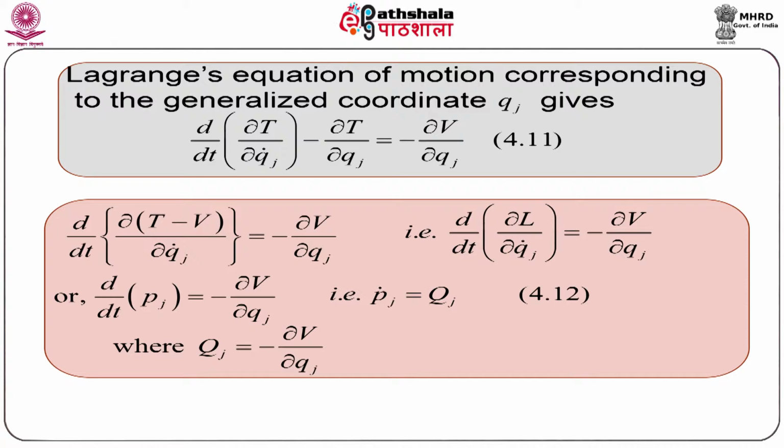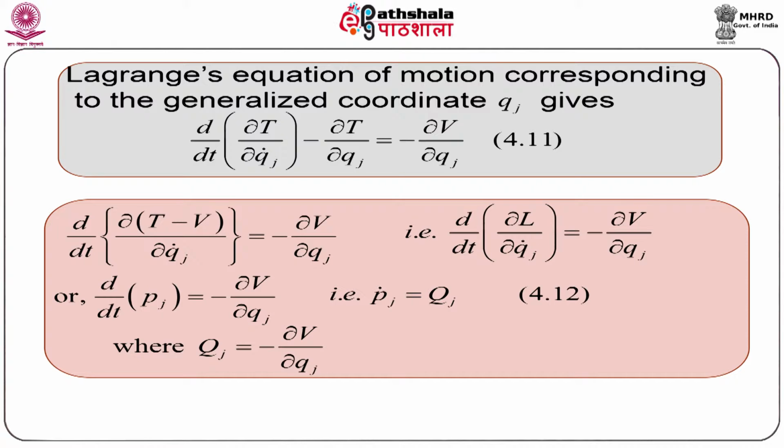Please note that in a system, the Lagrangian can be written as the difference between the kinetic energy and the potential energy if there are holonomic constraints. This equation can be written as d/dt of Pj equal to minus del V del Qj.